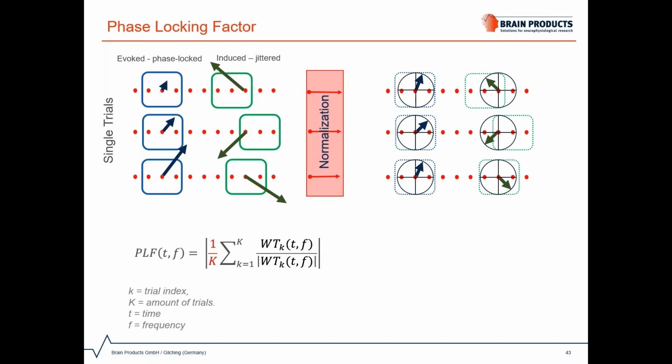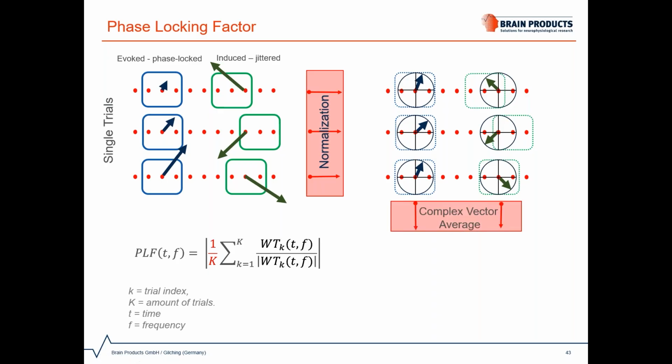Now, in contrast to the phase locking value, we do not calculate the phase differences between channels, so we do not quantify the synchrony or connectivity, but we directly average across segments within each channel.